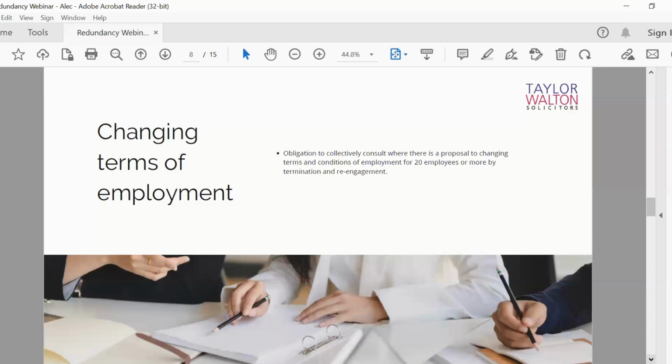So the collective consultation arrangements don't just apply to redundancy, but also to changing terms and conditions of employment.